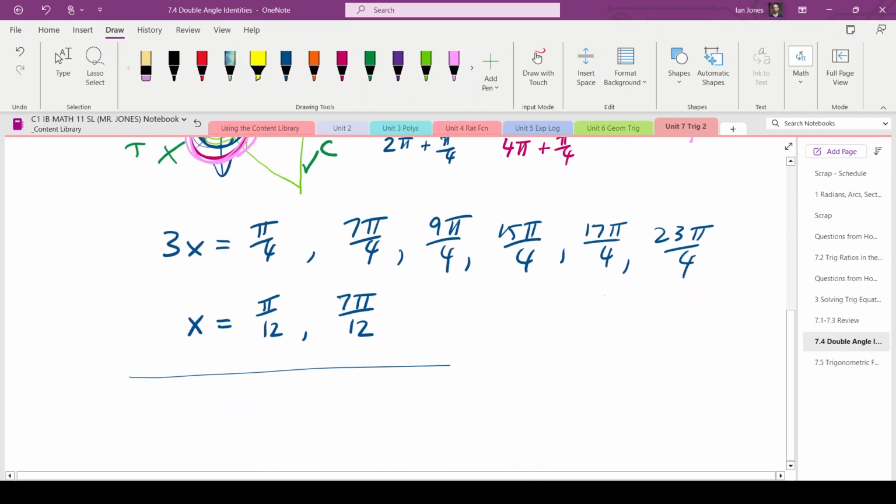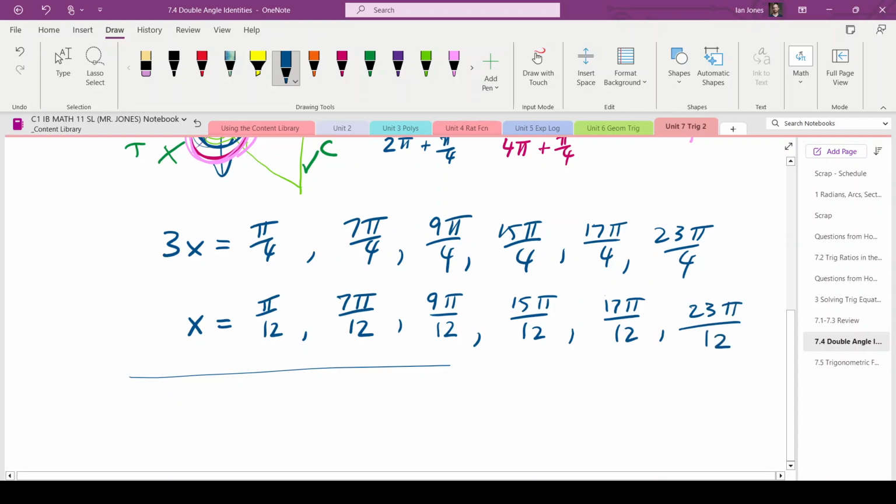And I'm going to divide each one of these solutions by 3. That gives me pi over 12, 7 pi over 12. Well, let's just go unsimplified to start with. 9 pi over 12, 15 pi over 12, 17 pi over 12, 23 pi over 12.